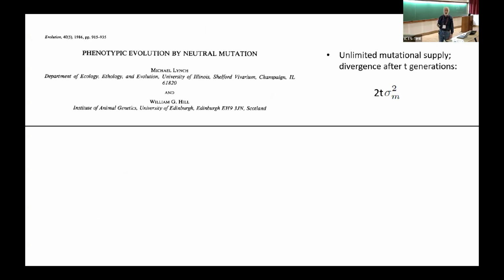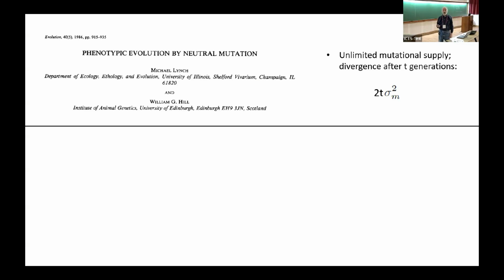And I worked out a lot of this when I first discovered quantitative genetics many years ago with Bill Hill. And we wrote this paper in which we suggested that this would be the steady state rate of divergence of a trait. If you went for t generations of divergence between two species, if everything were neutral, that would be the between species variance in the mean phenotype.